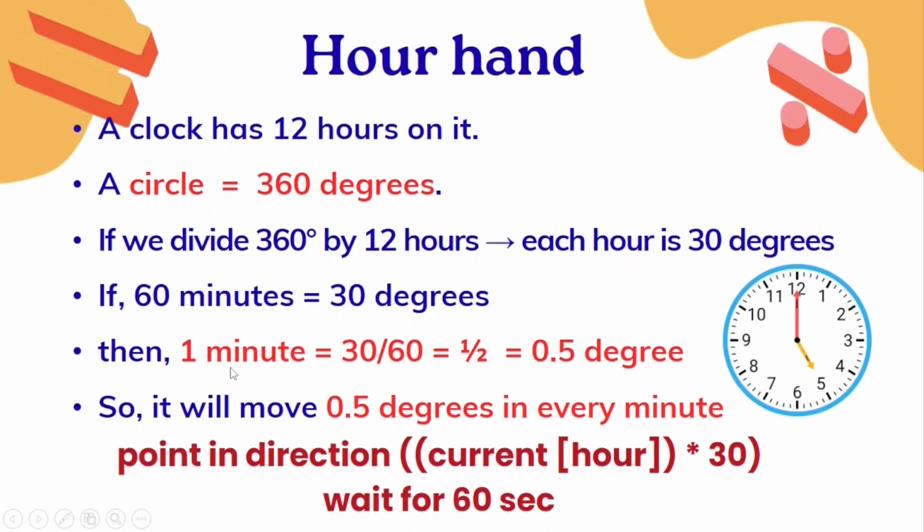So it will move 0.5 degrees every minute. That is why I have put in the code point in direction current hour multiplied by 30. Wait for 60 seconds. Okay, let's go to Scratch.